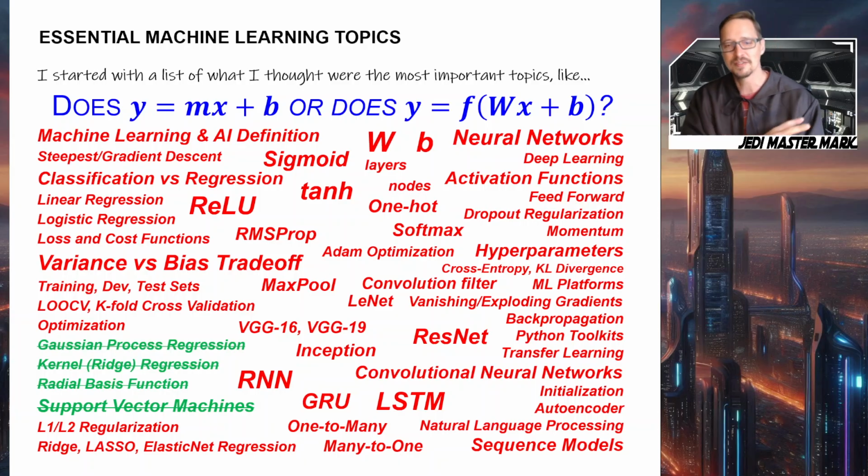So I've gotten rid of some things that are kind of offshoots that I don't think are necessary in order to really get everybody on the same page to learning about neural networks and then learning about these advanced architectures. You don't necessarily need to know about support vector machines, for instance, in order to know about how neural networks work. So that was really how I streamlined this whole process and this course that I've developed.